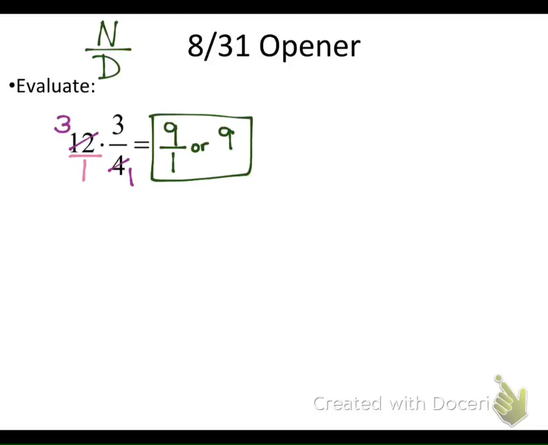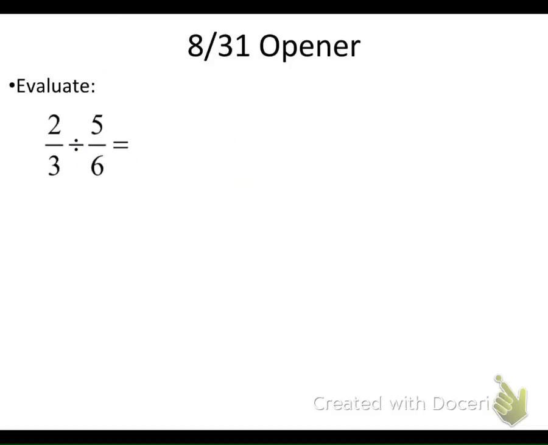Okay, let's take a look at our next one, our last one. Dividing. What acronym, what mnemonic device do we use for division? Darius? What 3 letters do we use to help us remember what to do? KFC. So we're going to keep, flip, and change.